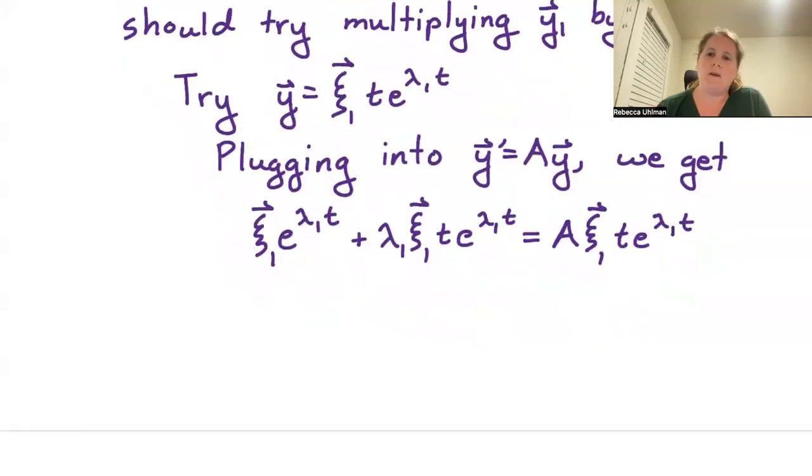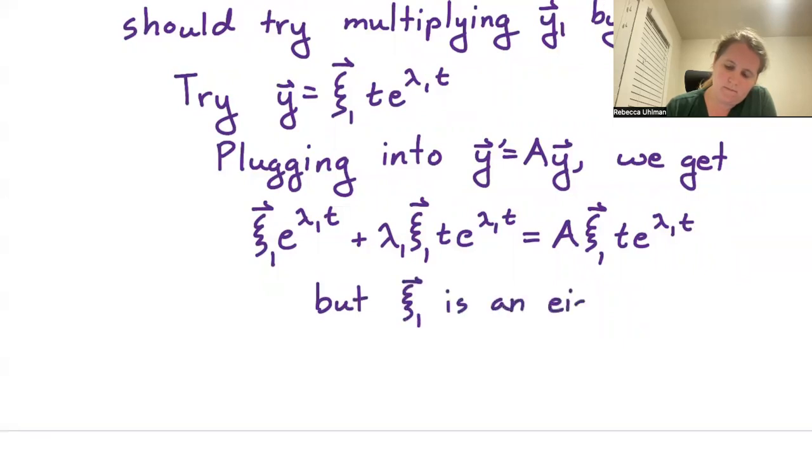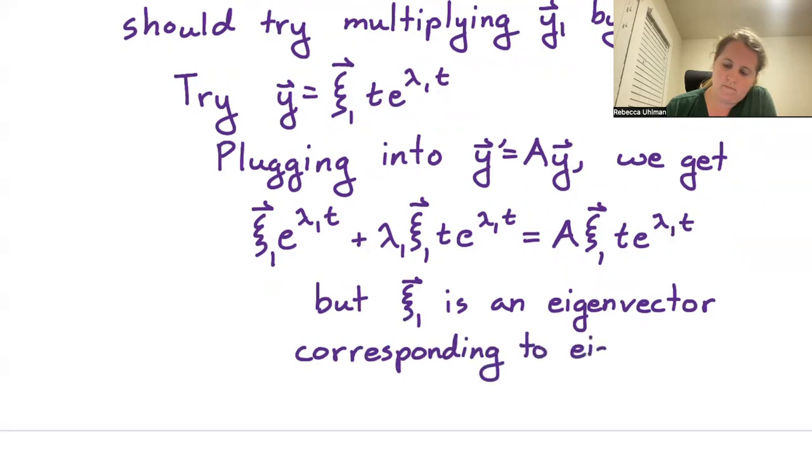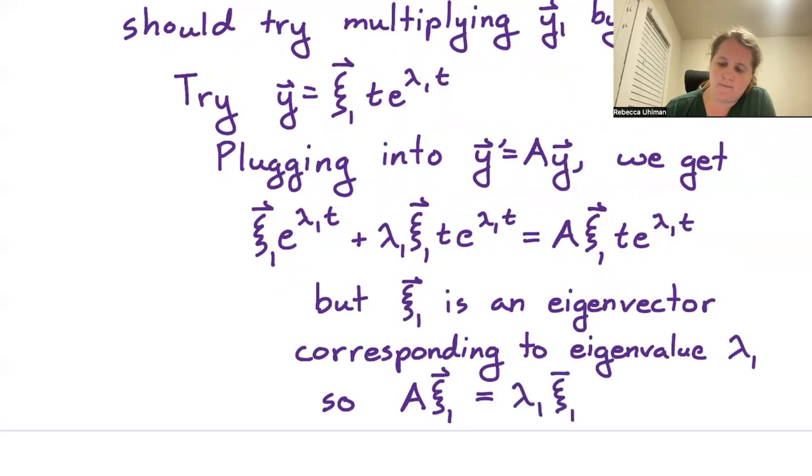Now, psi1 is an eigenvector corresponding to eigenvalue lambda 1. And so A times psi 1 is just lambda 1 times psi 1.